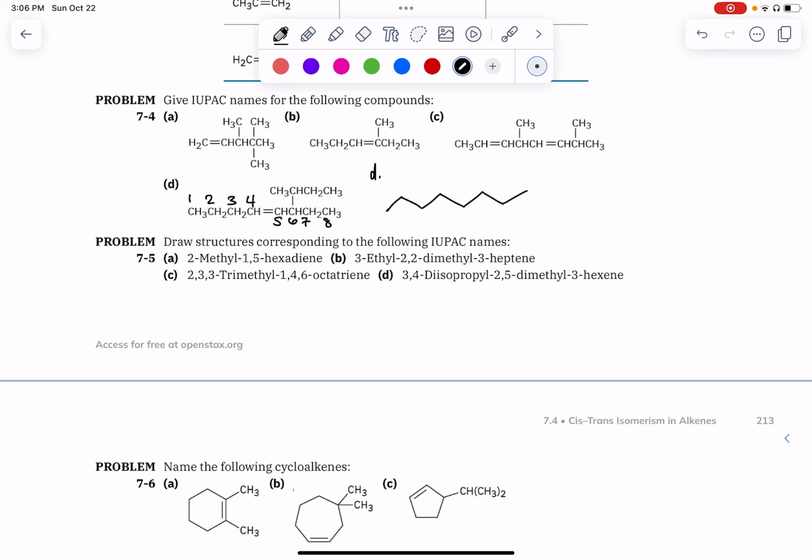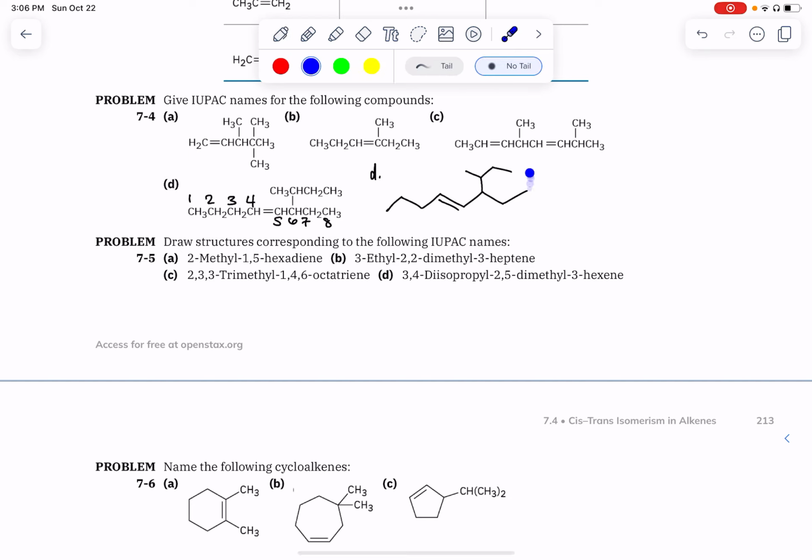So 1, 2, 3, 4. That looks about right here. And at the 6 carbon, so this is 5, so 6, we've got a CH3 coming off, and we have a CH2CH3. So like that.